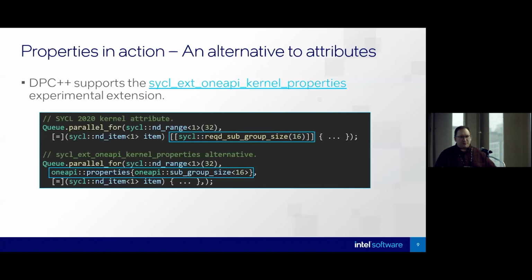You have to be a slightly above average C++ person to read this and know what it means. But again, it requires that compiler support to be able to work efficiently. So we think something like this can be replaced with one of these new properties that's a little more programmatic and easier to read. In this case, we just define a new subgroup size property, and you can pass that as an argument to your parallel_for. And now the compiler has the information it needs in order to compile it the exact same way.